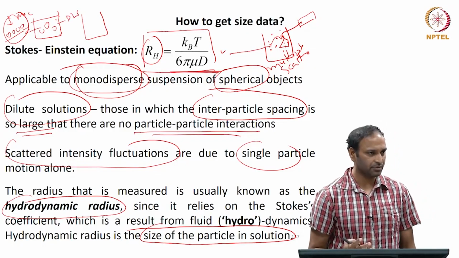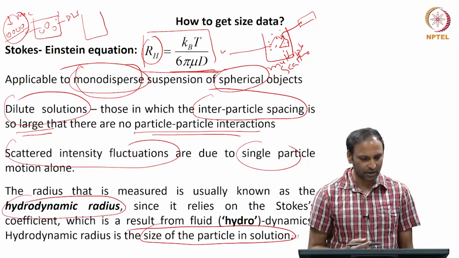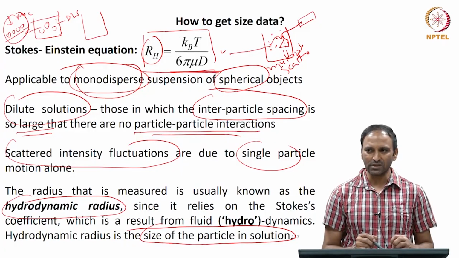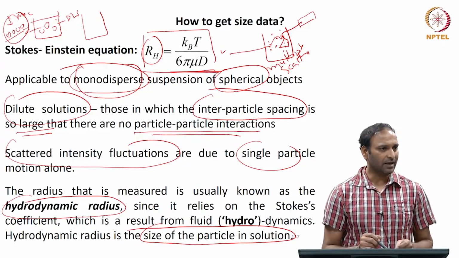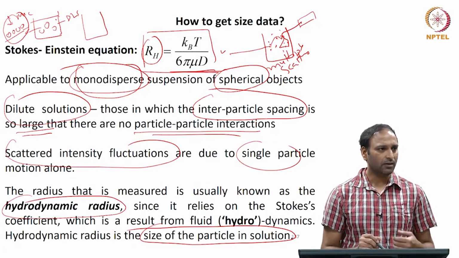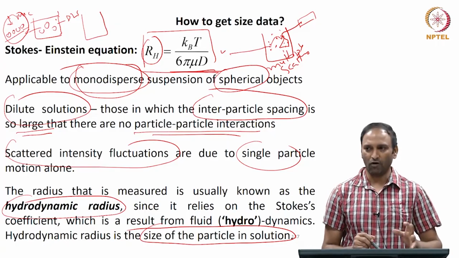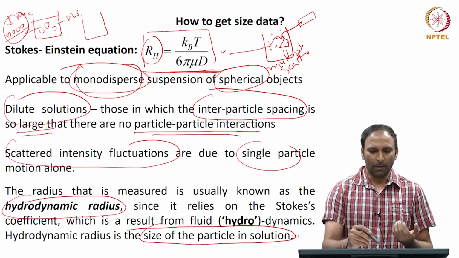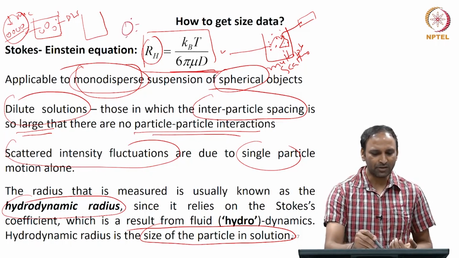particles in solution. It turns out that typically the size that you measure with DLS is always slightly larger than the size of the particle that you measure in the dry form. The reason is that a particle could have some charges on the surface.